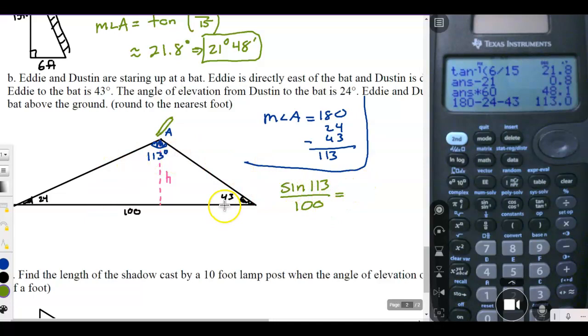So how about 43. So let's do sine of 43. Alright, we'll call this B. So that's side B right here. So B is going to equal 100 times sine of 43 divided by the sine of 113.